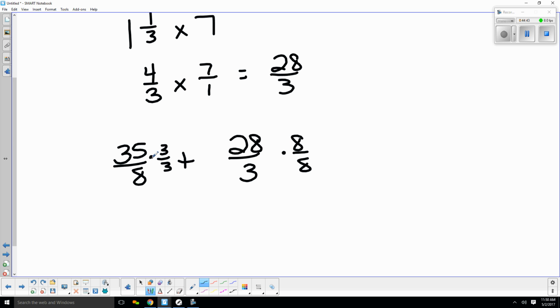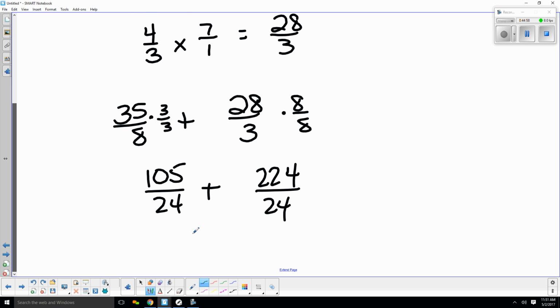So now, 35 times 3 is 105. 28 times 8 is 224. When I add these together, I get 329.